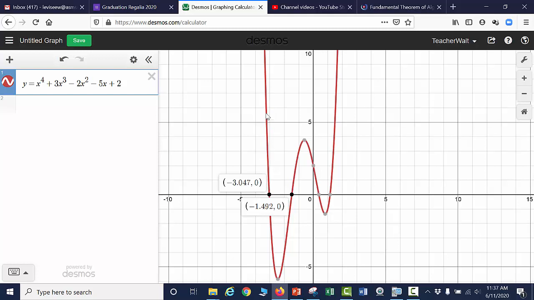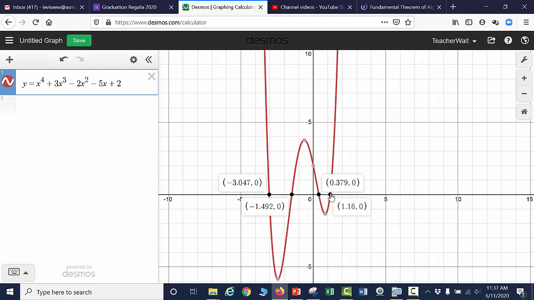3.047, that's part of our solution. See this over here. Also, look at this. Okay, there it goes. Also between negative 1.492 and 0.379, that's also part of our solution. That's where the polynomial is above the axis.